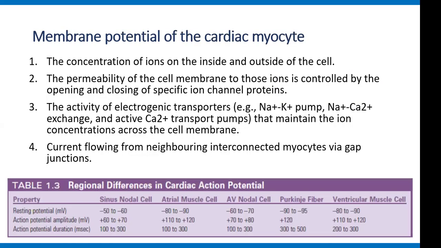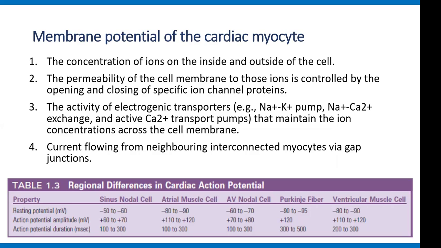So the membrane potential of the cardiac myocyte is based on the concentration of ions in and outside of the cell. And this is what gives it its membrane potential. And then this is maintained by the permeability of the cell membrane to the various ions that are involved in the action potential of the heart.